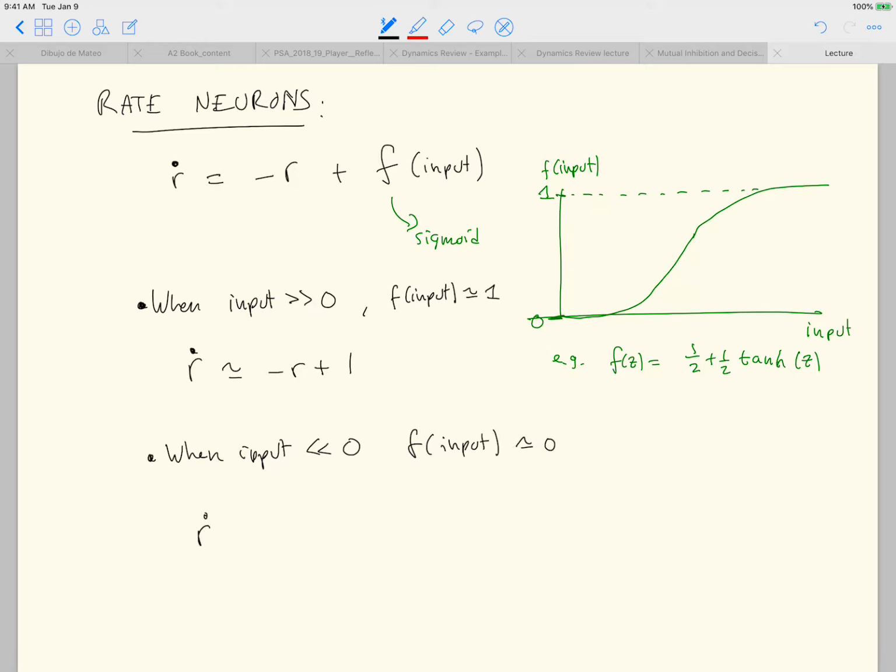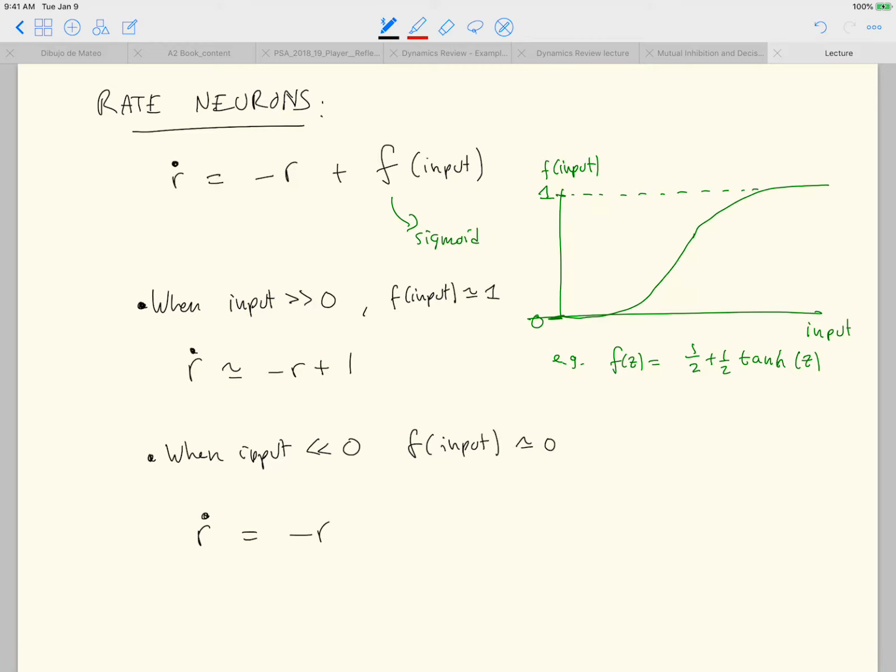And so now the equation looks like what we had written before, namely 0 is a stable point. We're going to approach that. So if r starts between 0 and 1, it's never going to go outside of 0 and 1. So this is a way of bounding r in a way that is roughly inspired by what happens with neurons.